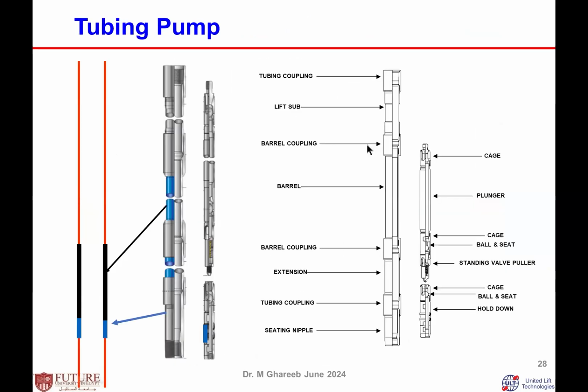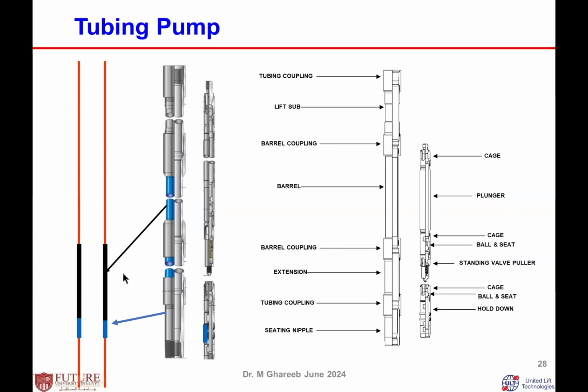This is some animation of how the tubing pump is run. Usually we have the plunger assembly and the barrel assembly. But in the case of a tubing pump, all the parts of the barrel assembly, except the standing valve, are connected to the tubing and run with the tubing in the well completion.